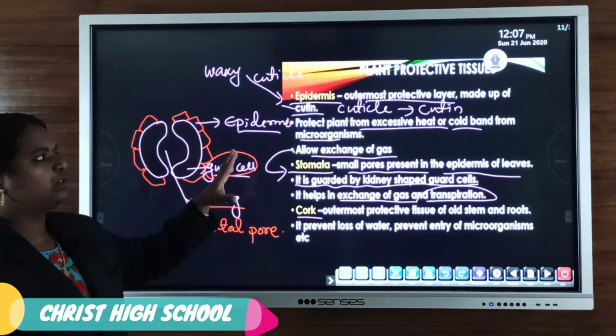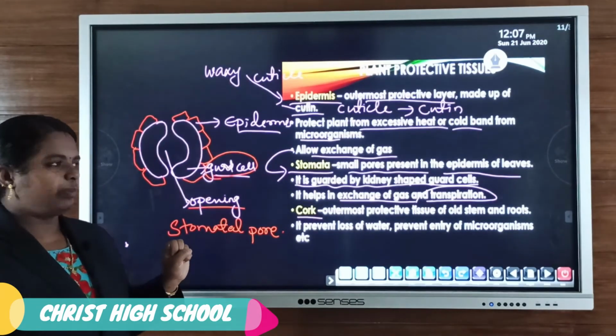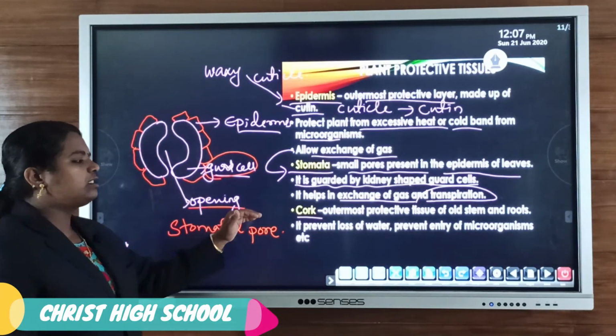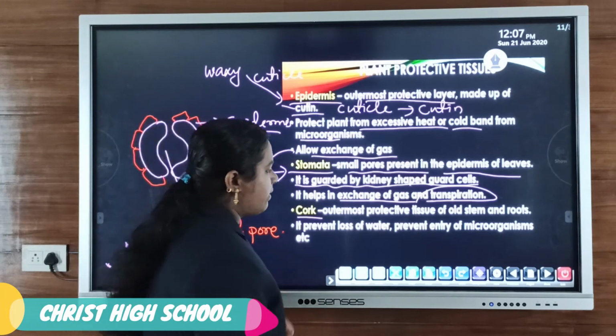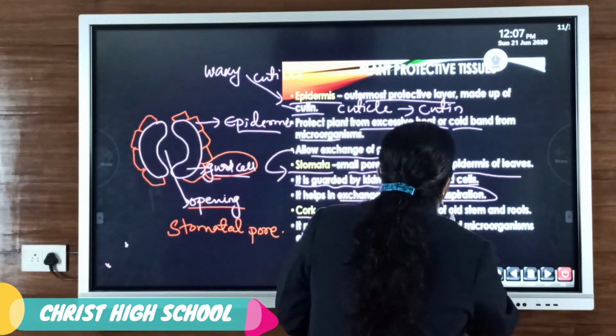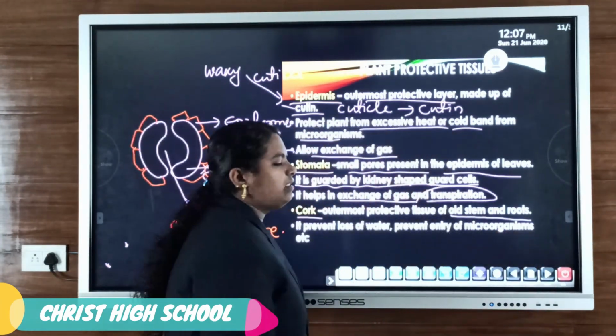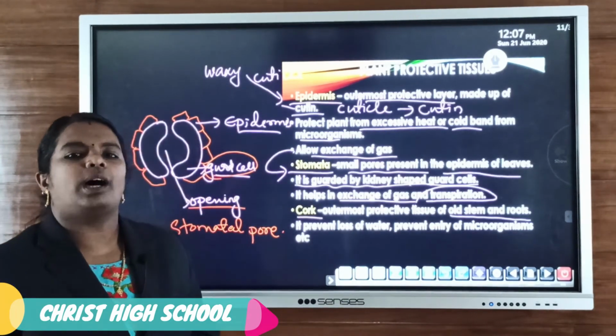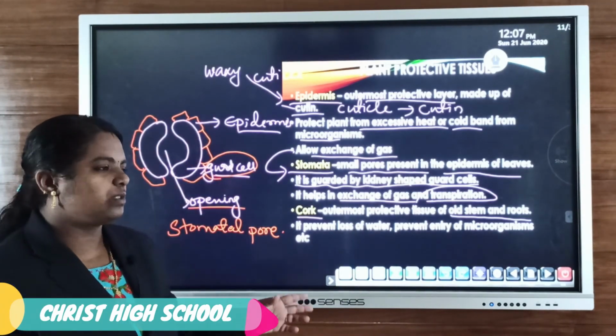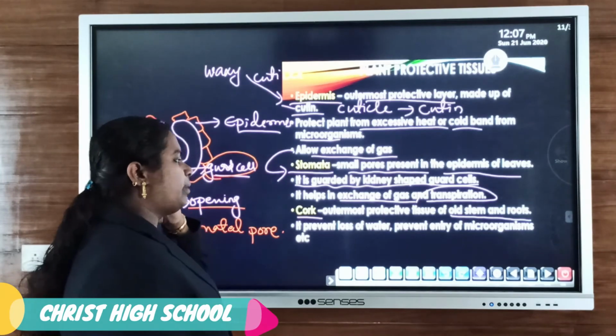So stomata also form a protective tissue in plants. Then the last one, cork, is the outermost protective tissue, mostly present in old stems and roots, in the old part of the plant body.